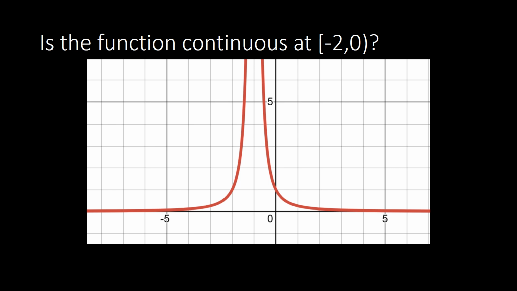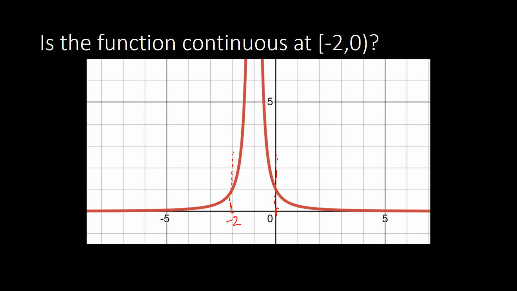Next, let's try our other interval. We have here [-2, 0]. So tracing on x, this is -2. From this moment on, we move towards where x is 0. This is where 0 is, tracing the graph, moving from -2 to 0. Is there a hole?